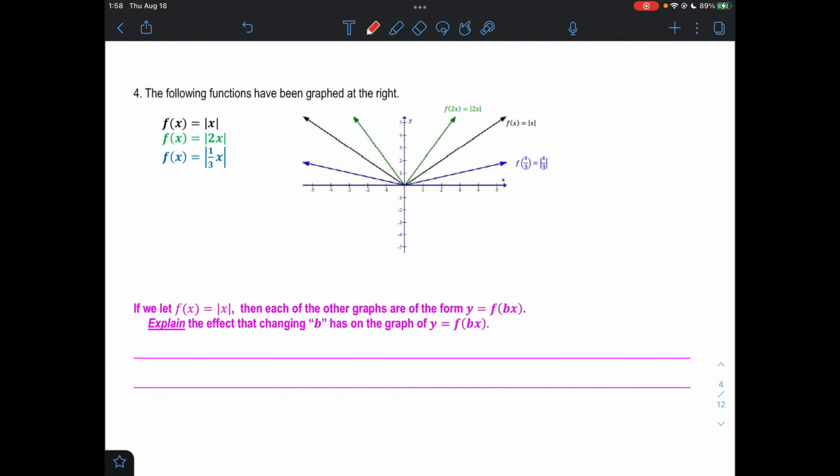Fourth one, if we have a multiplication inside the function, you can kind of see what that looks like here. The black one's the original absolute value. The green one, if you multiply by 2, and then the blue one, if you multiply by 1/3. This is going to be a horizontal stretch or compression.